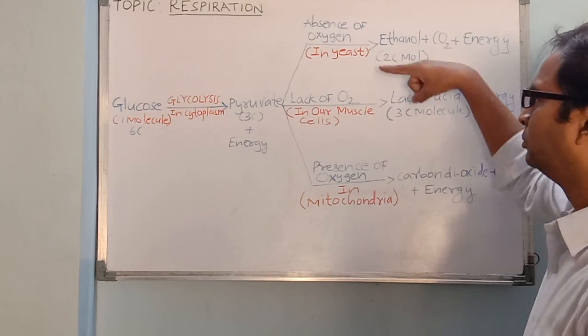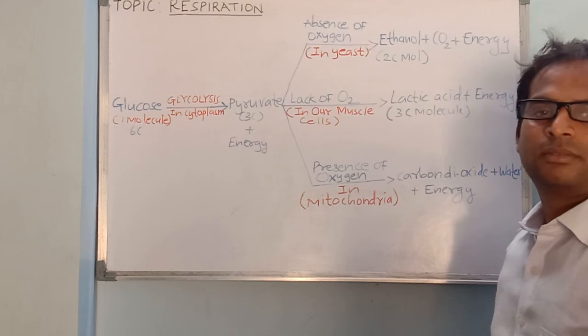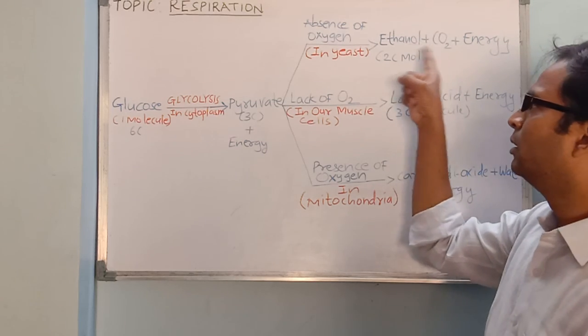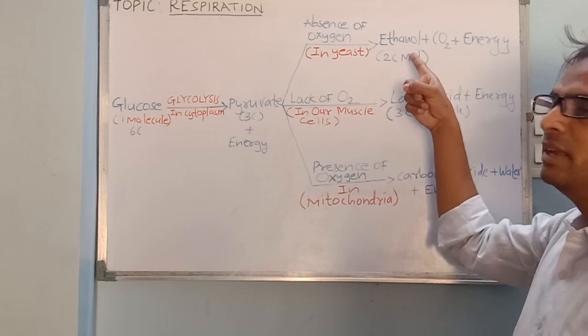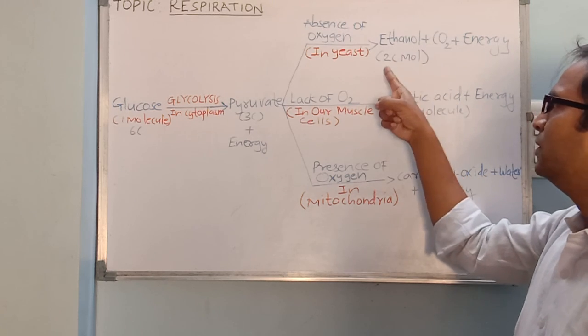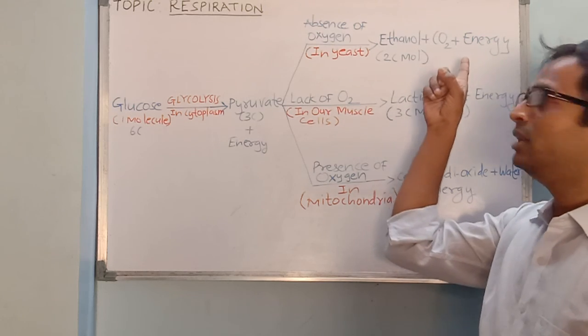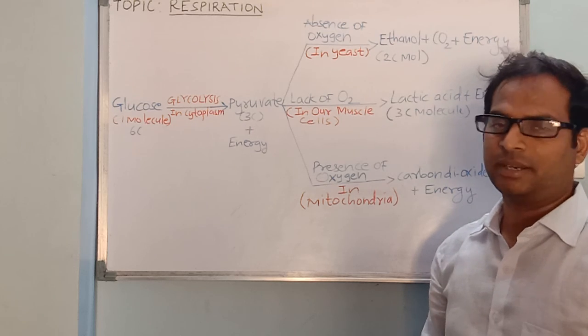As we know, this is in yeast, we call it ethyl alcohol fermentation. It does not require oxygen, and the end products formed here are ethyl alcohol, which is a 2 carbon compound, and the byproducts are 2 carbon dioxides, and 2 ATPs are generated.